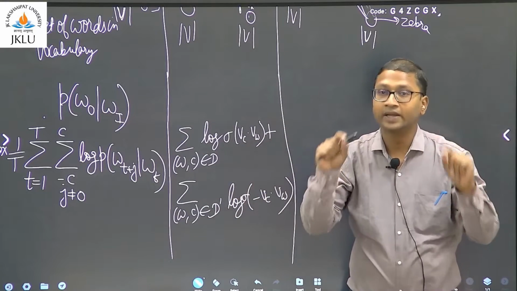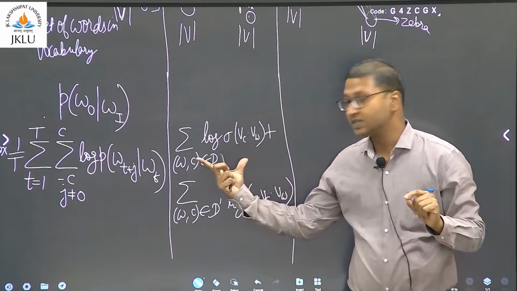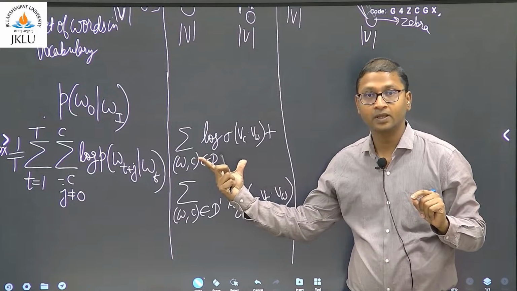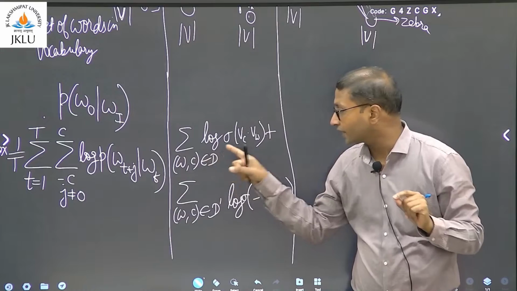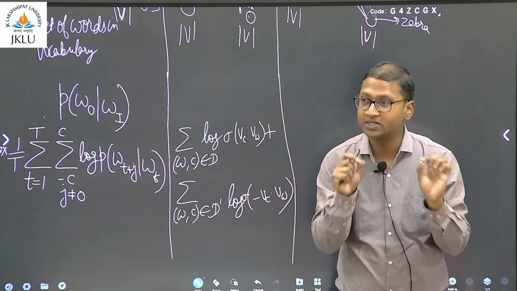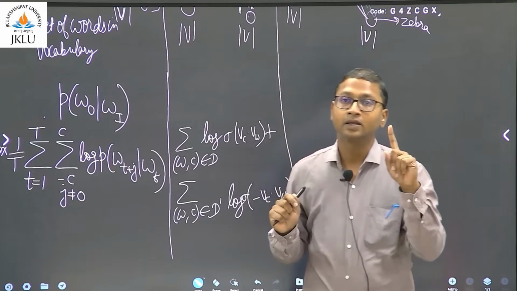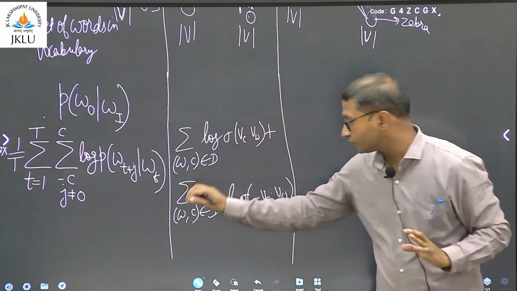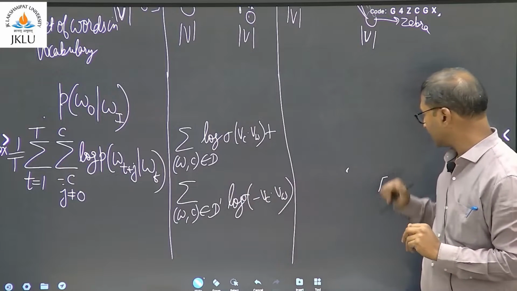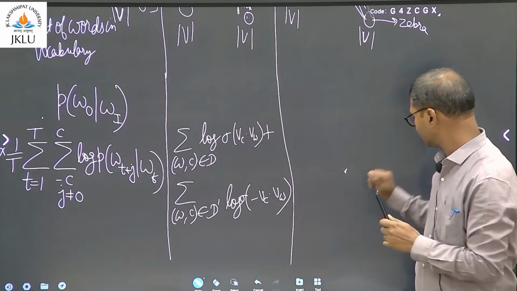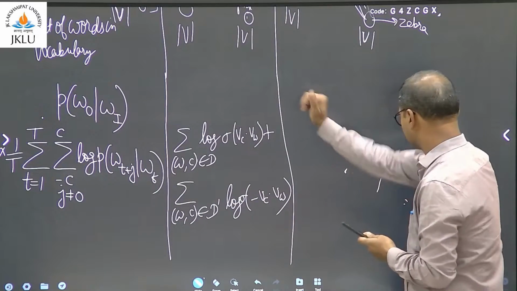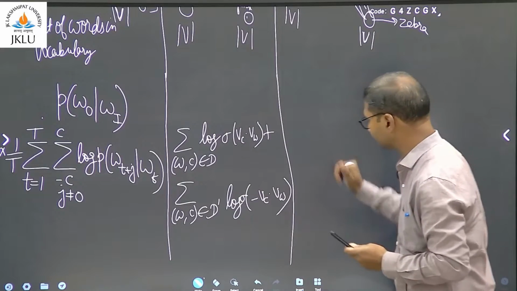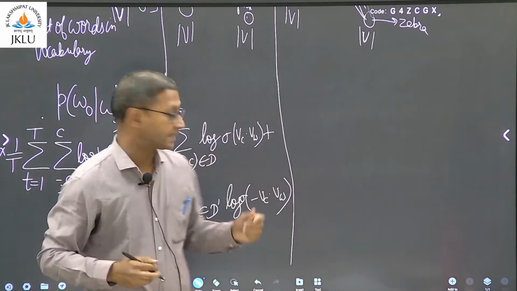But what does negative sampling tell you? Keep this as it is, and for every pair w comma c, you are going to take k negative samples. So this whole thing will not remain this, it will become rather how many? Just k random samples.